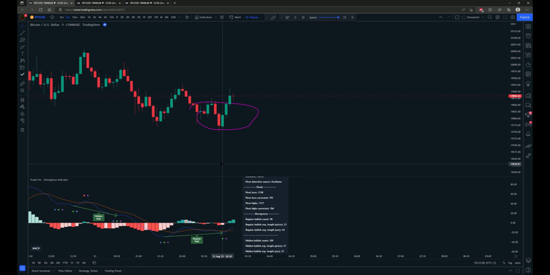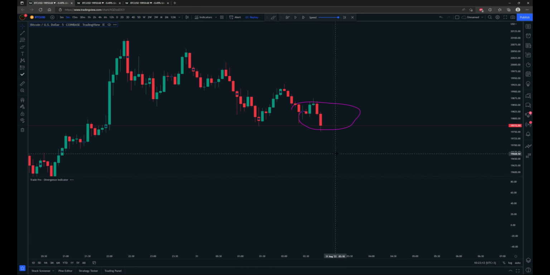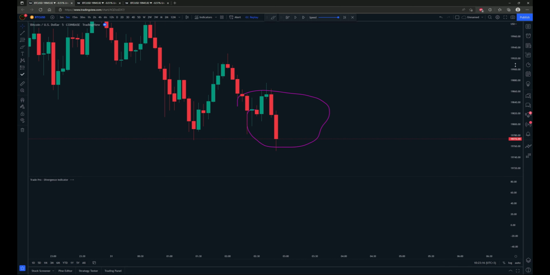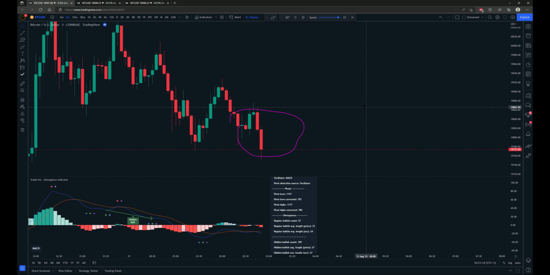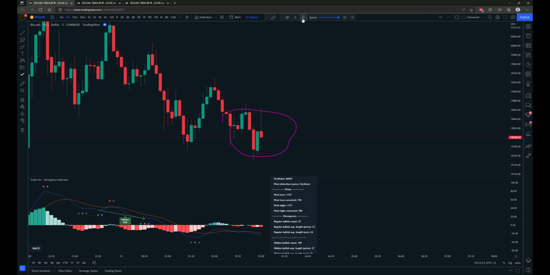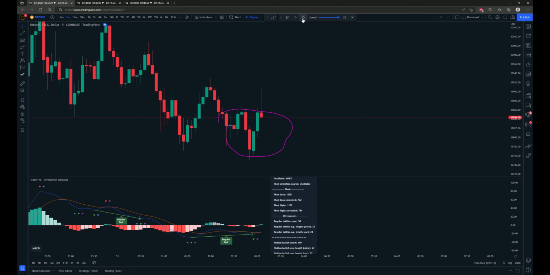So let's take a look over here now, and we'll go back a couple bars right here. See when this actually signals the regular bullish divergence. So we'll go one more, another one, and one more. So it detects it right here.